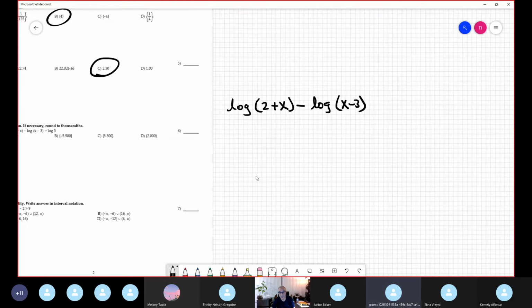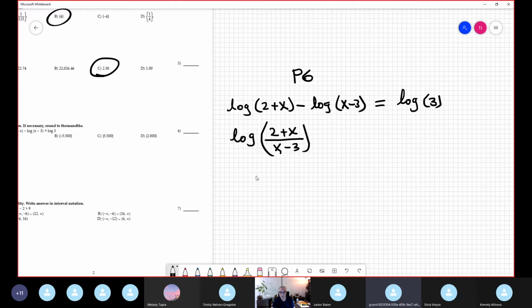In this case, we have 3 logarithms, but I want to condense this and this into only one. So basically, logarithm of 2 plus x divided by x minus 3, because we are using property number 6, when there's subtraction, is equal to logarithm of 3.